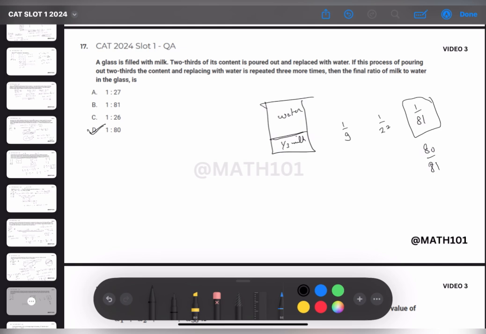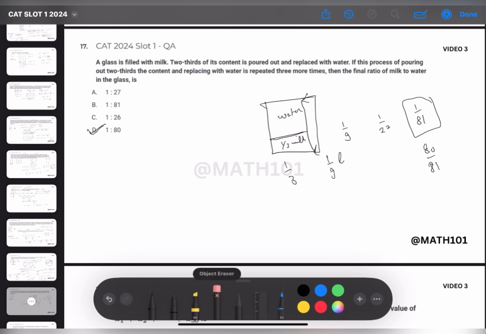Remember, water is being added, but before removing, if there is 1/3 amount of milk, then when 2/3 of the solution is removed, 2/3 of the milk is removed, so 1/3 of the original amount of milk would be left. So if originally we have 1/3 liter, then next we will have 1/9 liter.